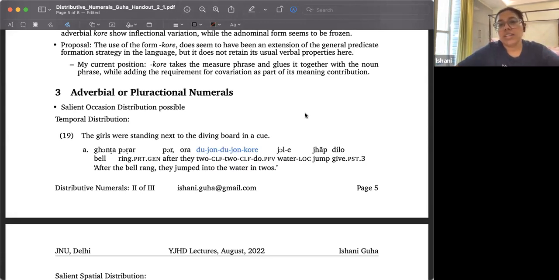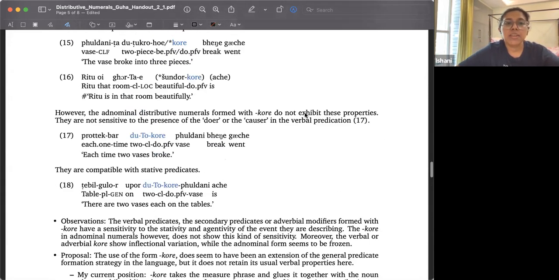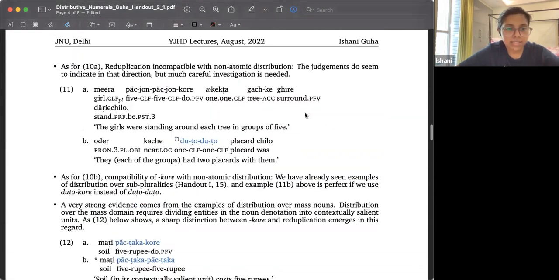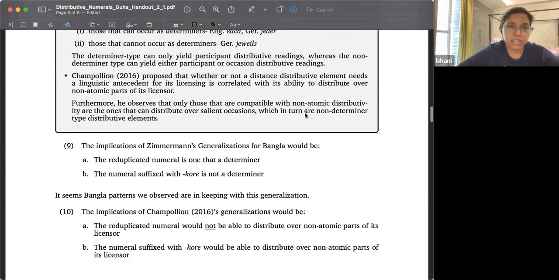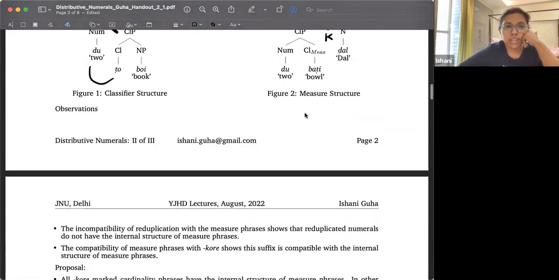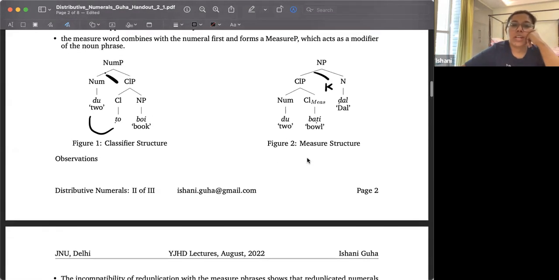So it puts the two things together somehow, by meaning. And as I already made clear, the reduplication facts I have not clearly made sense of, so I will not say anything about that. I'll need to work on that. So any kind of suggestion you have, please tell me.